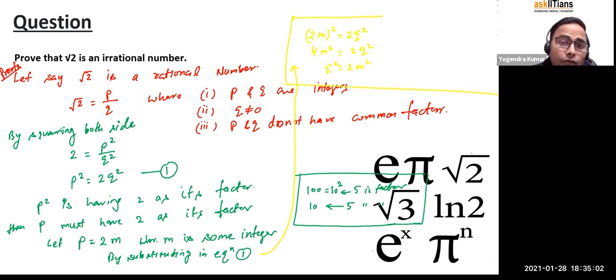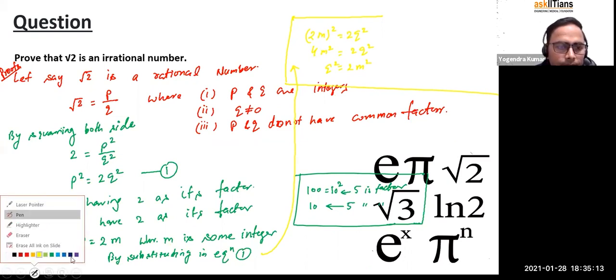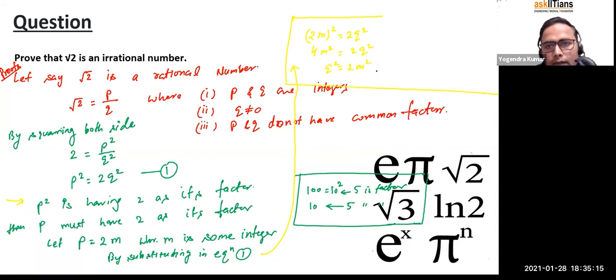Now what we conclude from here, can you come back to this statement? So we will write here what statement do we say here? We say that q square has factor 2.